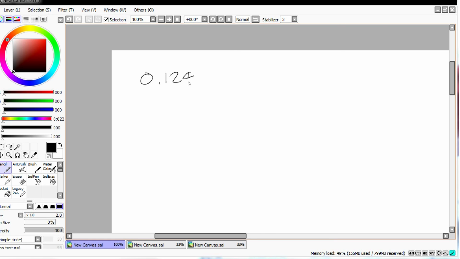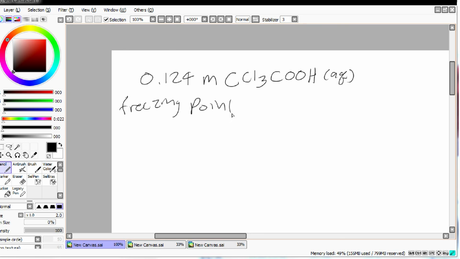We have a 0.124 molality CCl3COOH solution, which has a freezing point of negative 0.423 degrees Celsius.